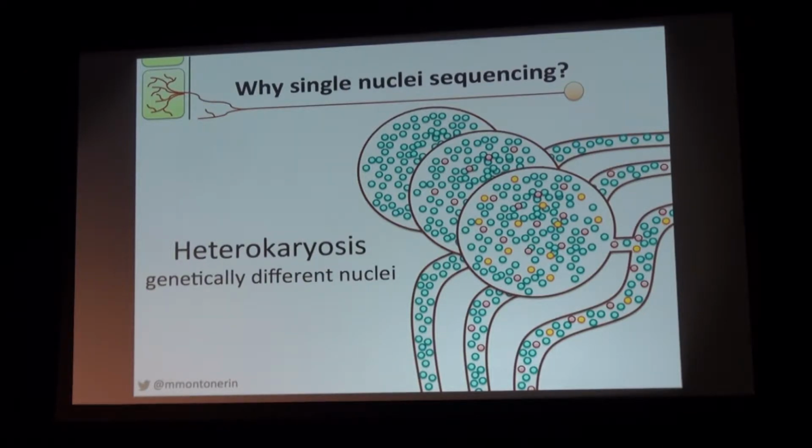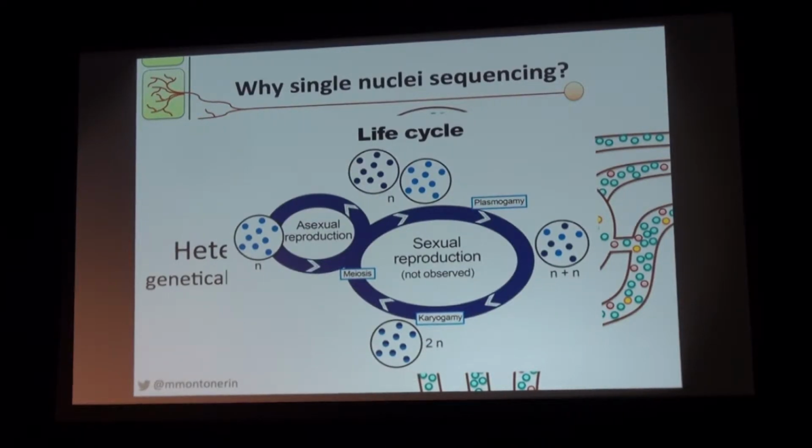All this in the last years has been put into doubt, and the theory now is that they have some kind of sexual reproduction, but we still haven't seen it, and we don't know yet where it would be happening.